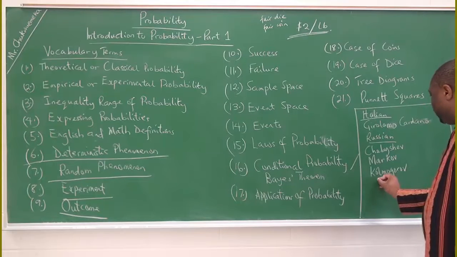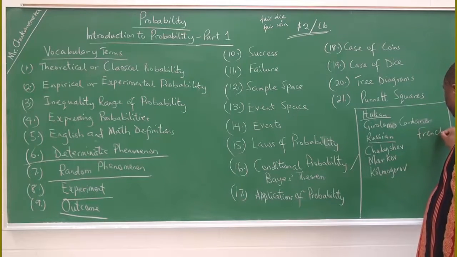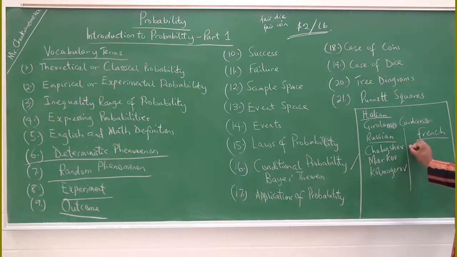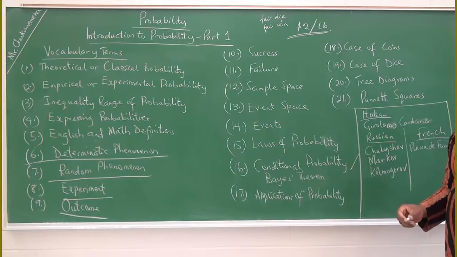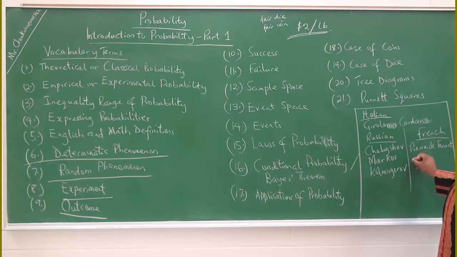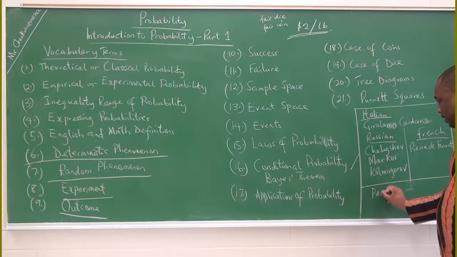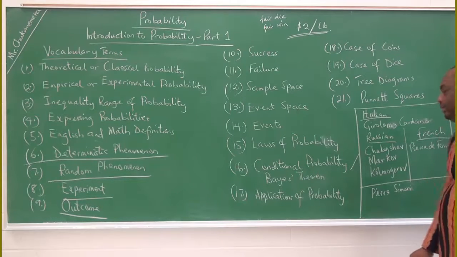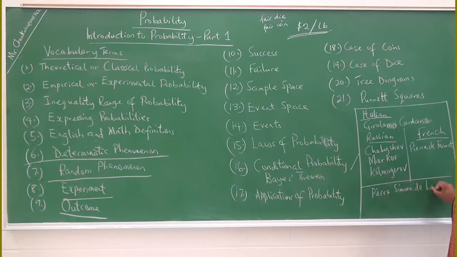Then we have some French folks that did some work here. We have Pierre de Fermat. I don't know if I'm pronouncing it right. Later on in math, you'll hear about Fermat's theorem. Then you have Pierre Simon de Laplace.